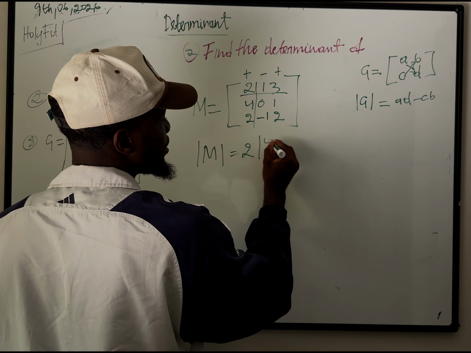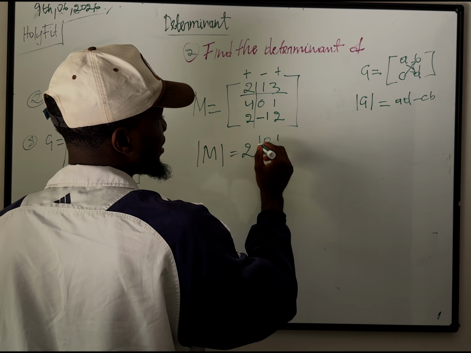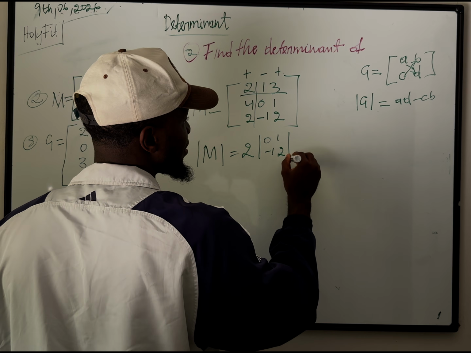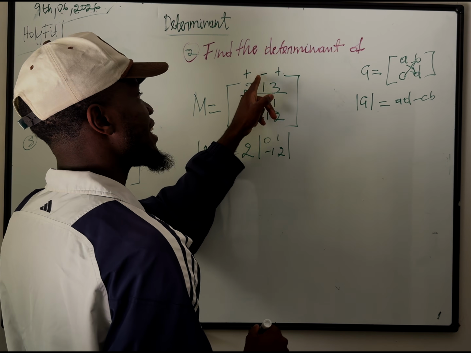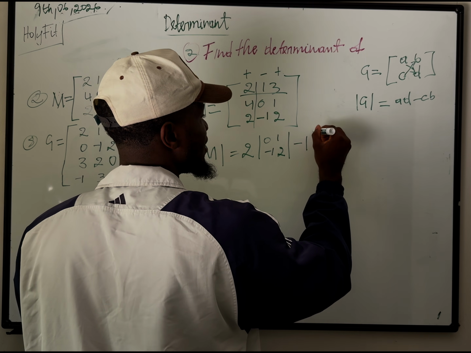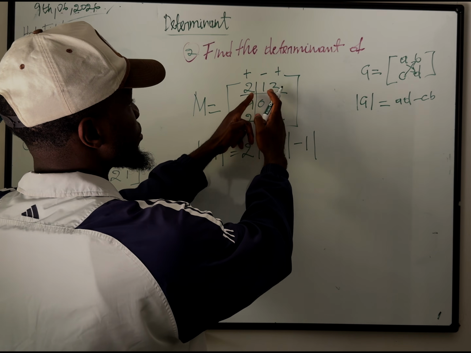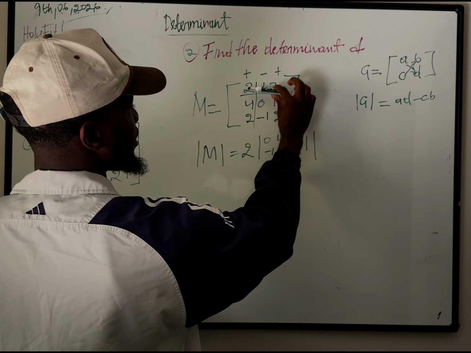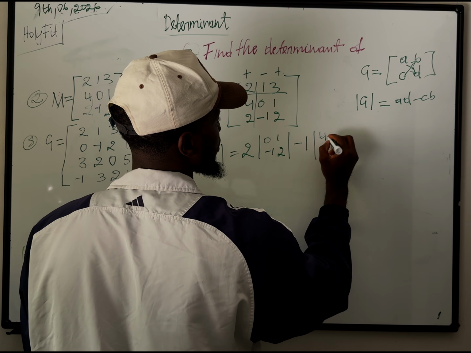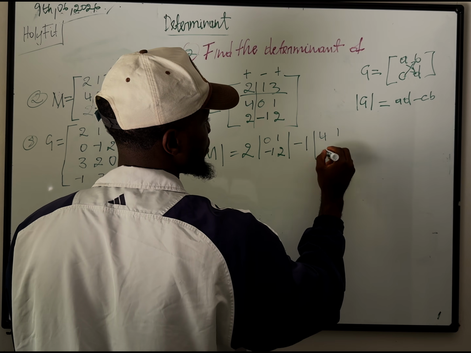So we're going to have 0, 1, and here -1 and 2. So the second element is negative, so we're going to have -1 times. We're going to exclude this column and this row, so we're going to have 4, 1, and 2, 2.